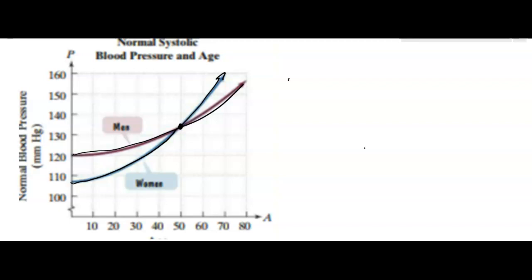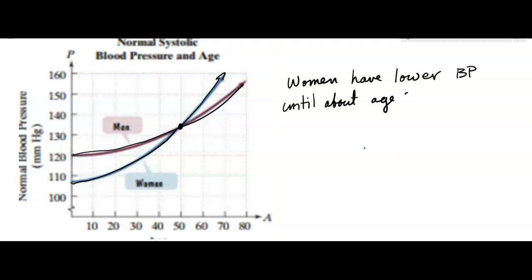So it looks like women have lower systolic blood pressure until about age 50, then higher than men.